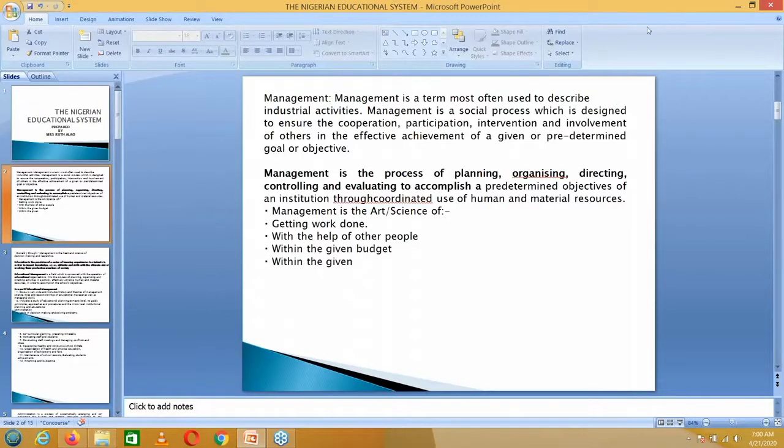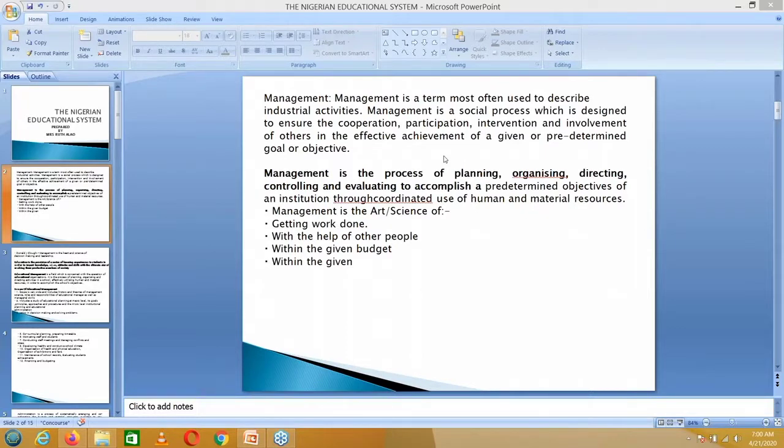What is management? What does it entail? Management is a social process which is designed to ensure the cooperation, the participation, the intervention, and involvement of others in the effective achievement of a given objective or goal.